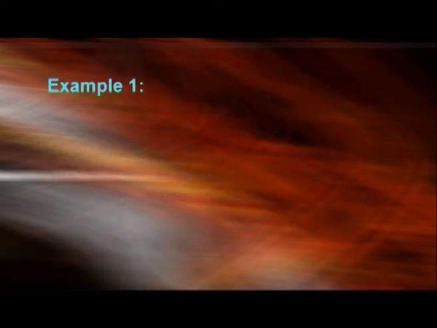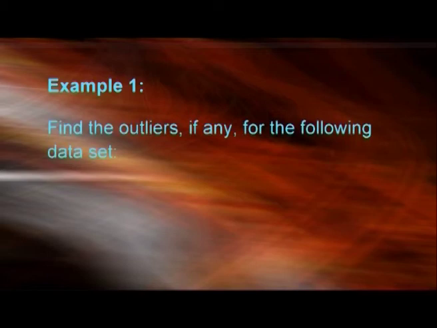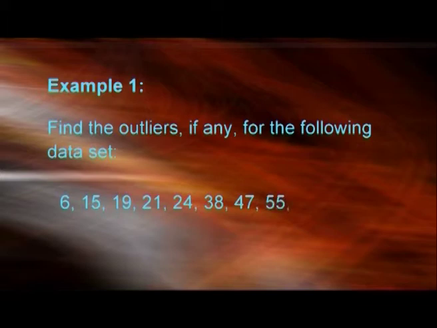Example 1. Let us consider an illustration to understand the concept of outliers. Find the outliers, if any, for the following data set: 6, 15, 19, 21, 24, 38, 47, 55, 56, 65, and 78.